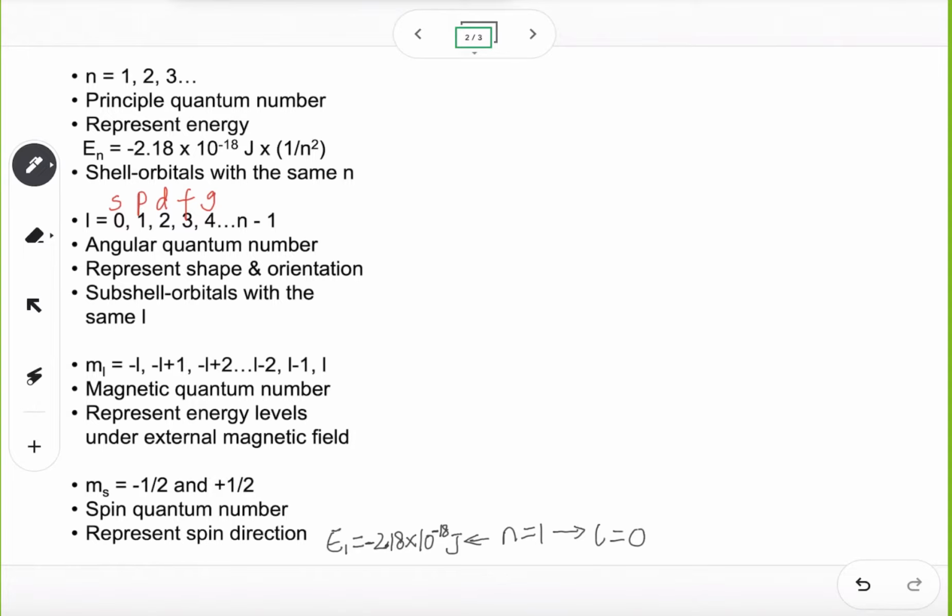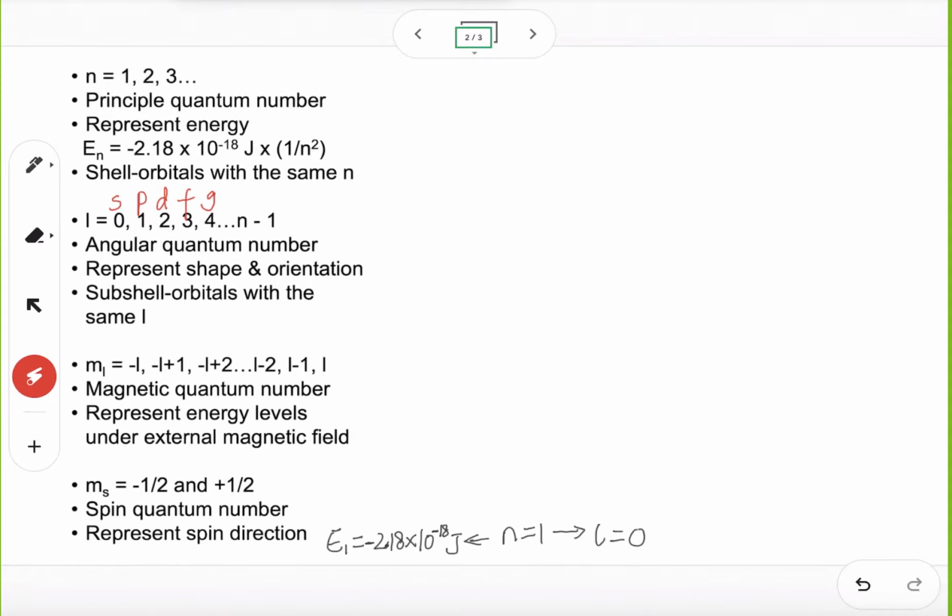In other words, when n equals 1, there is only one value for L, that is 0. L cannot have the same value as n. So for n equals 1, L equals 0.